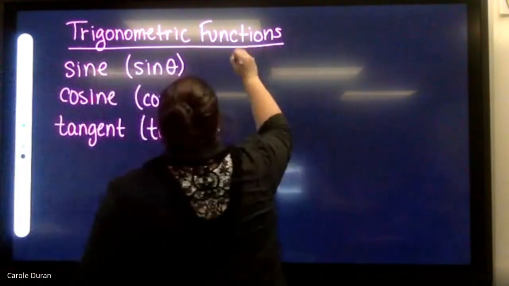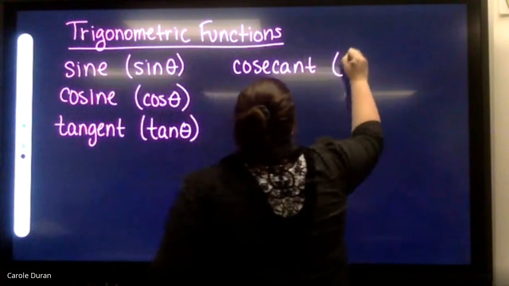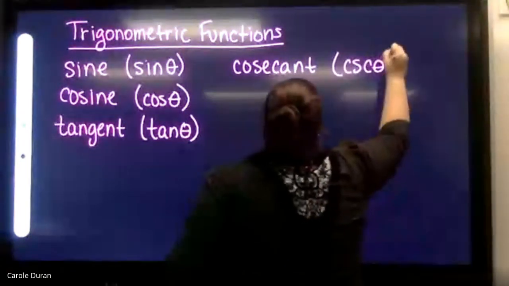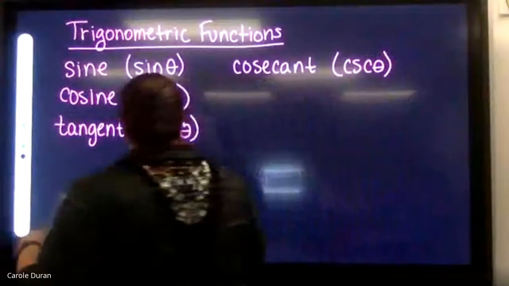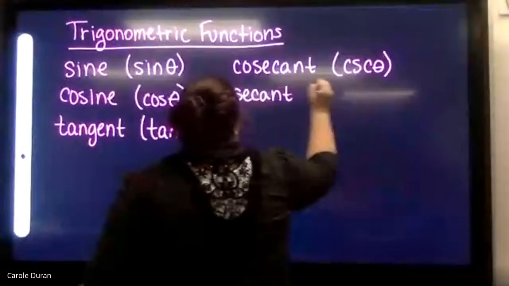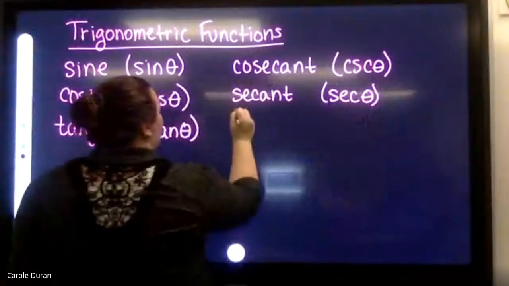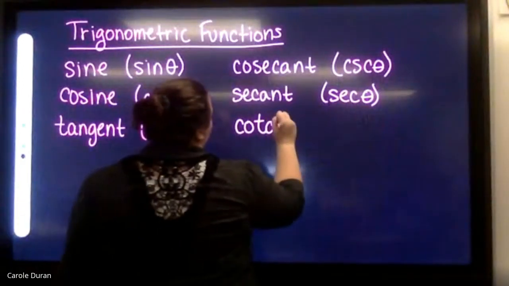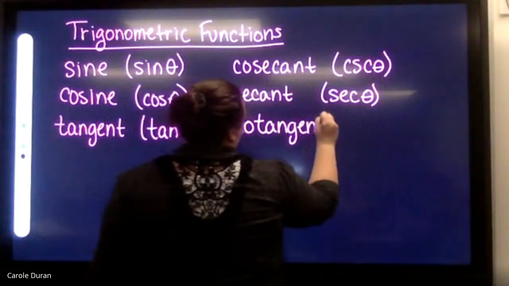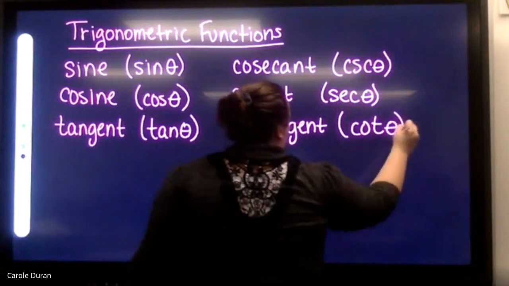So the first one is cosecant, and that is CSC with a theta. Then we have secant, which is SEC with a theta. And then we have cotangent, which is COT with a theta.